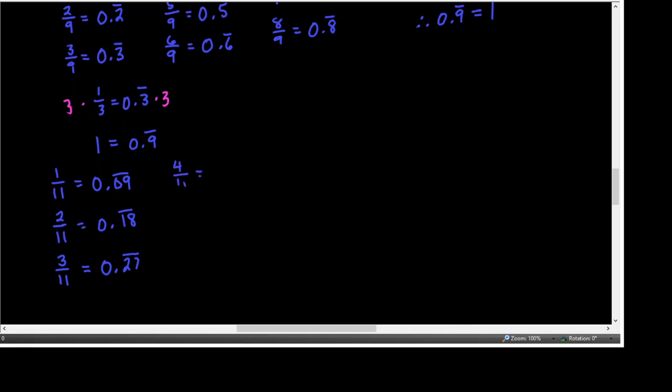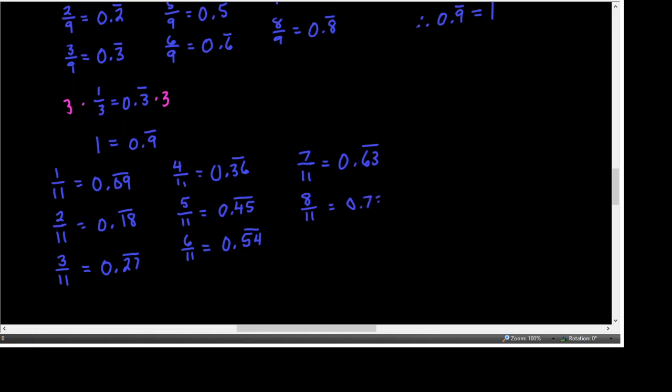4/11 is 0.36 repeating. 5/11 is 0.45 repeating. 6/11 is 0.54 repeating. 7/11 is 0.63 repeating. 8/11 is 0.72 repeating.